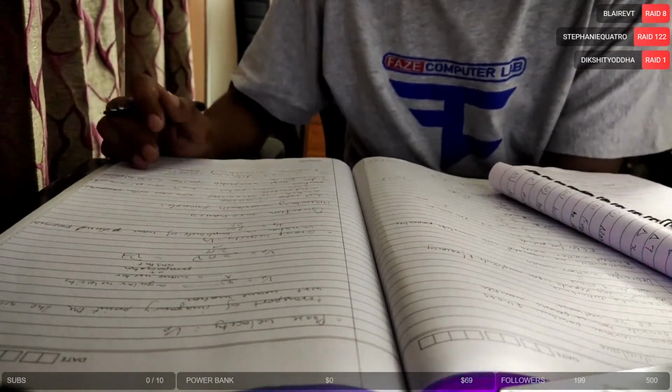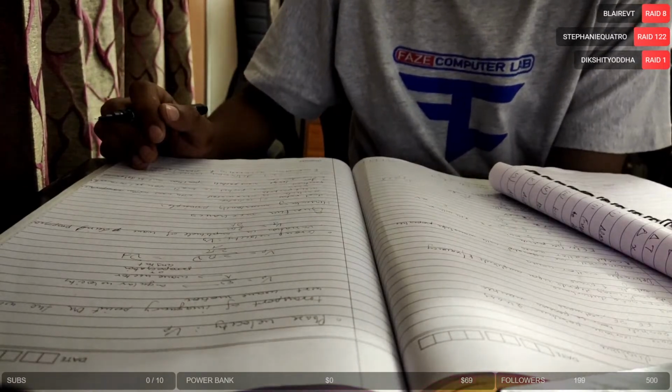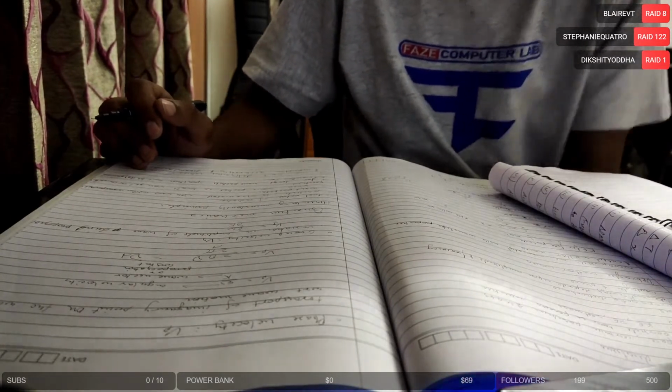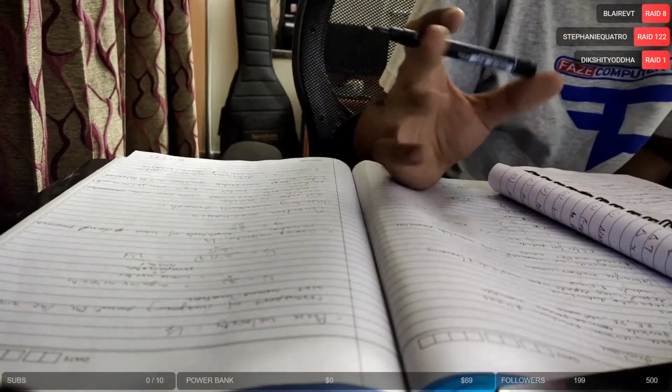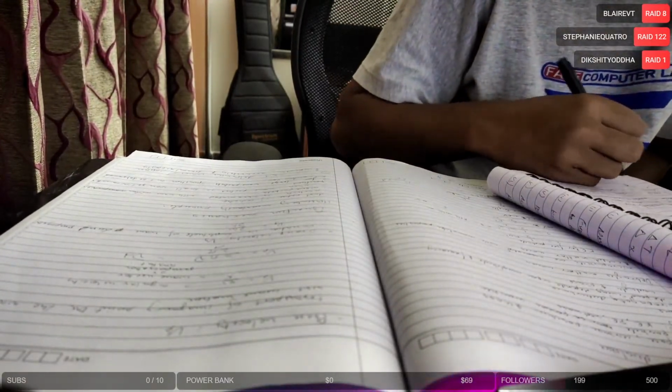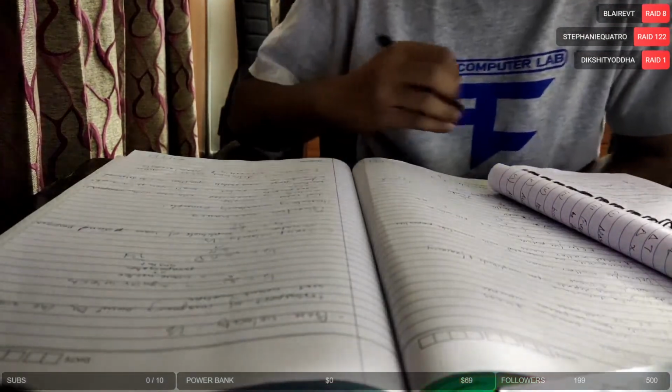The product of uncertainties of individual parameters would be greater than or equal to h by 4 pi.